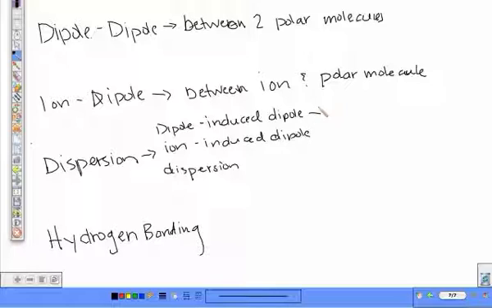So a dipole-induced dipole is between what?